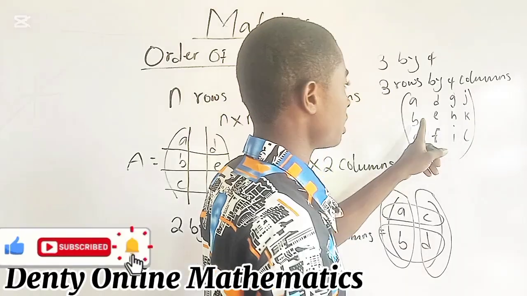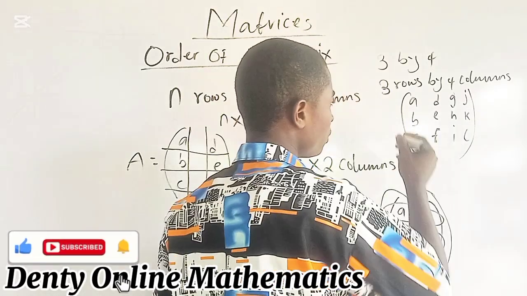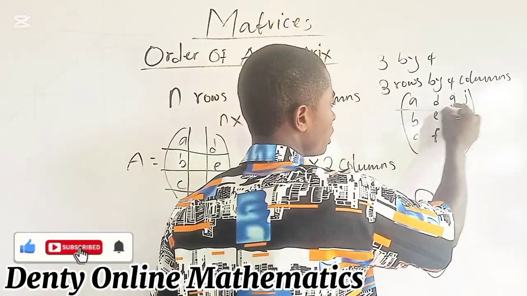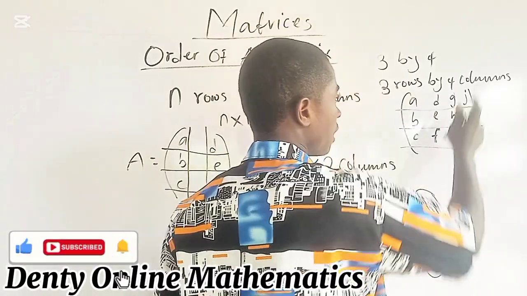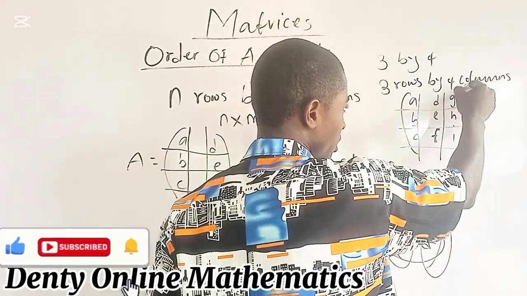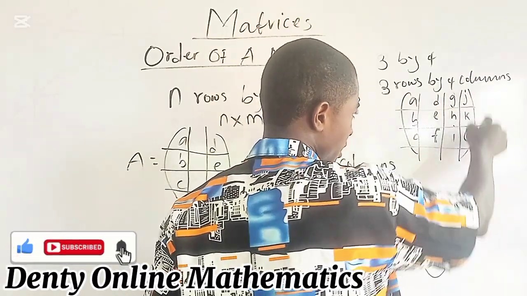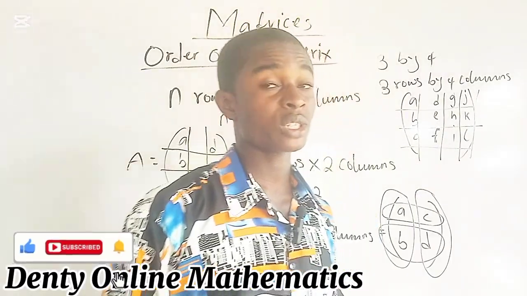Now, this thing that I just formed is called the 3 by 4, because if you observe, we say 3 rows. This is the first row, this is the second row, and this is the last row. Now 4 columns. This is the first column, this is the second column, this is the third column, and this is the last column. So you see, the order of a matrix is very important.